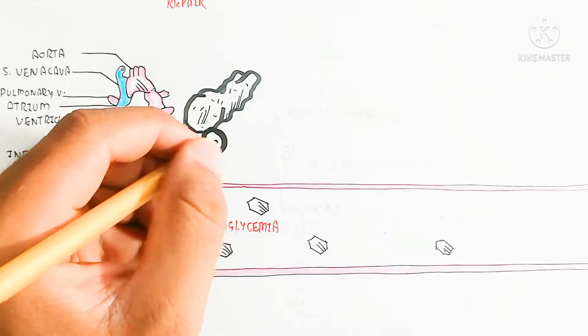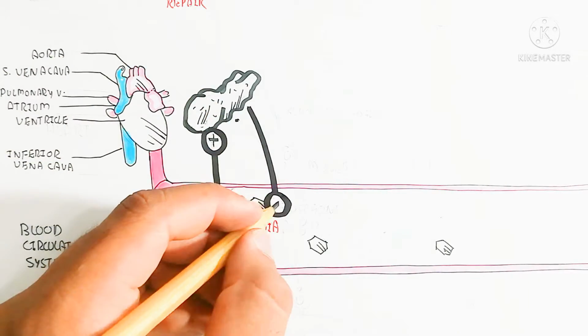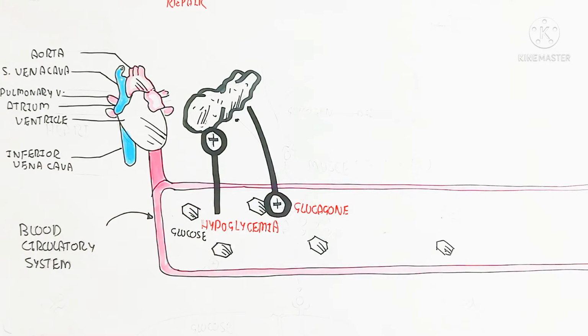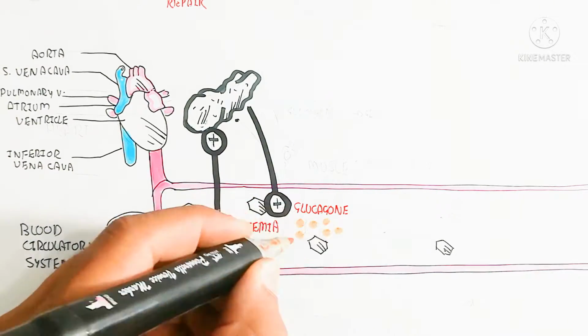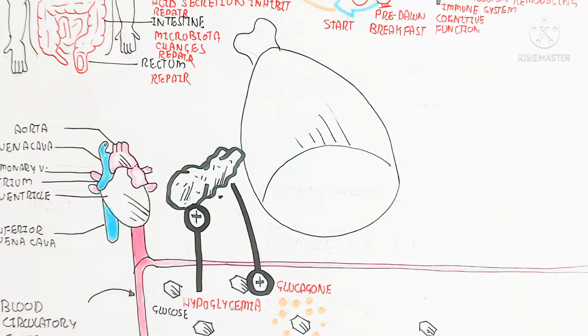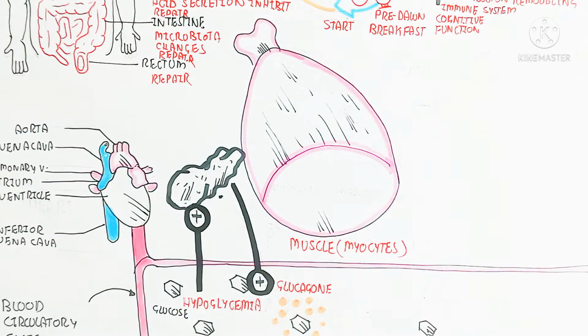So how is it possible? Let's begin to understand here. This is the increase of glucagon. Glucagon is very important for the destruction of macromolecules, not cells, and epinephrine is also produced, but here we will not discuss that.